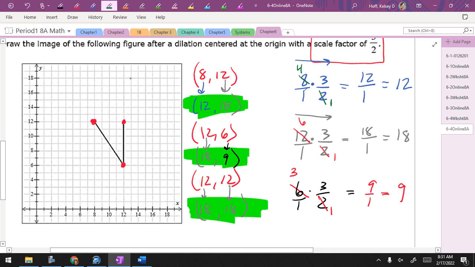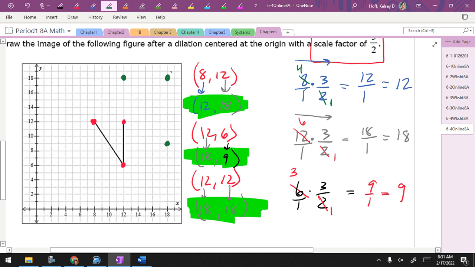Plot those points. Now, I have 3 points.